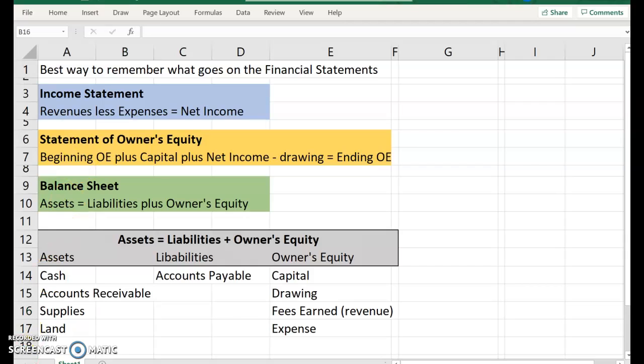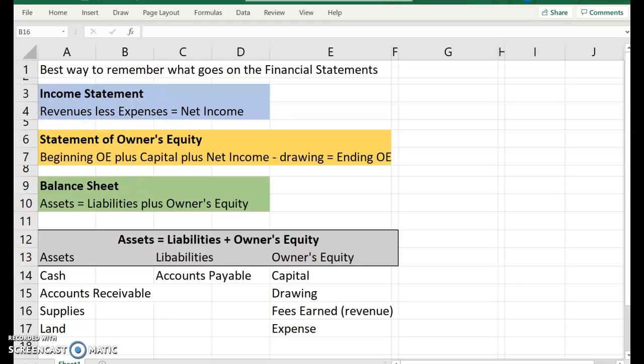So an income statement tells you how much income you have. Income is revenue minus expenses: everything you earn minus everything that you spend in that period. That means everything you spent towards earning that revenue.